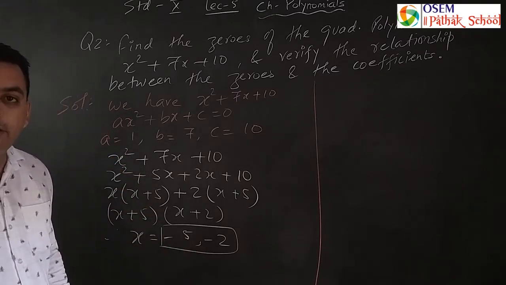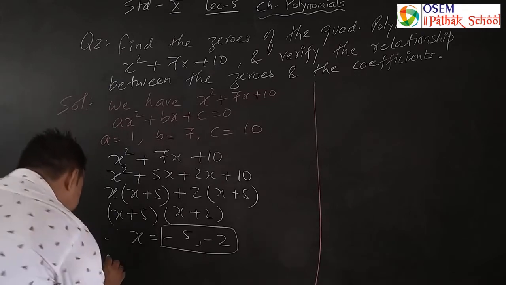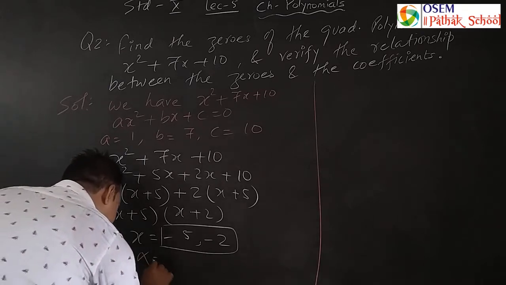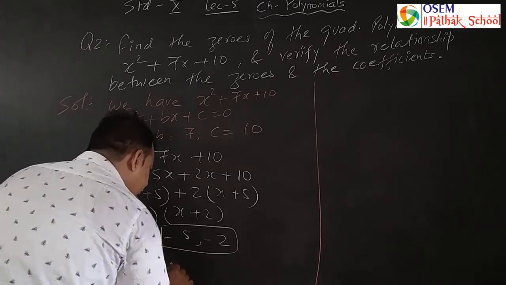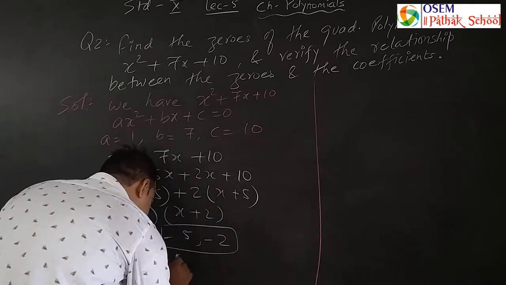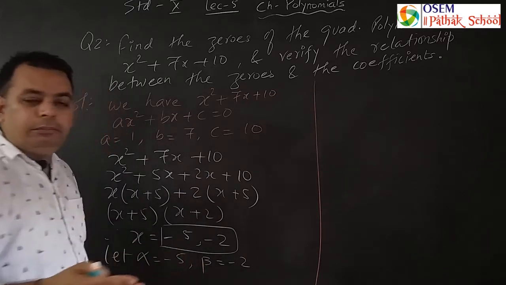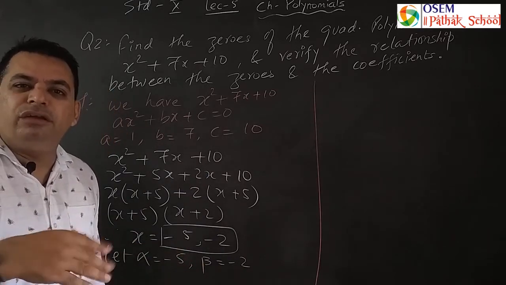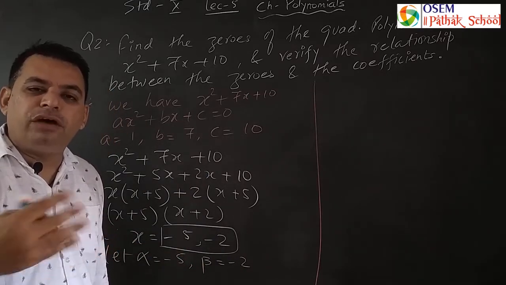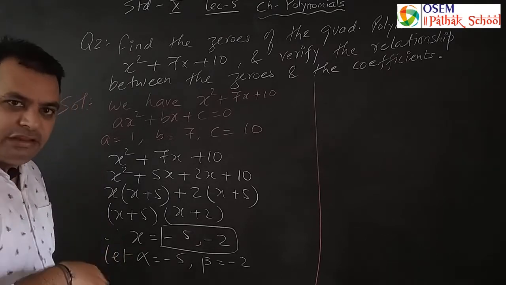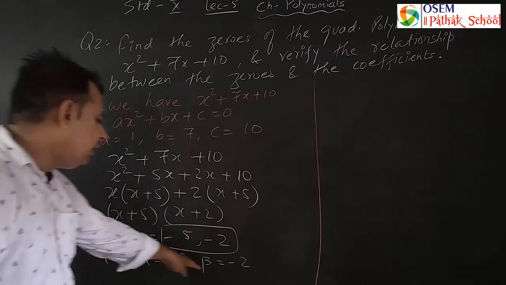Now how to verify that? We consider alpha equals minus 5 and beta equals minus 2. We have to take the sum, alpha plus beta, and the product, alpha into beta. This is the technique.